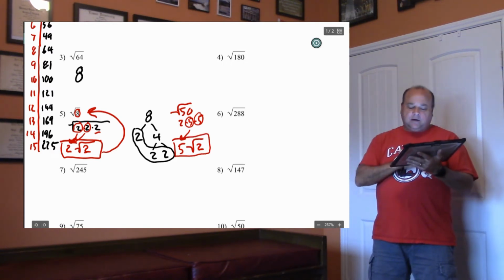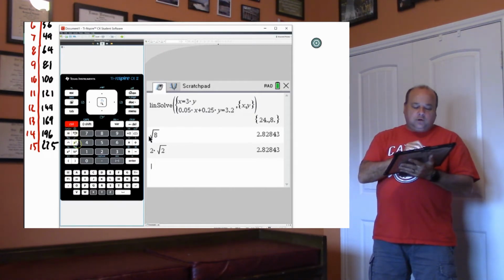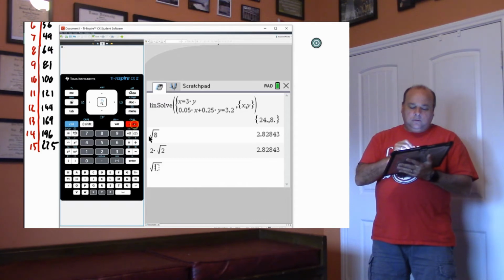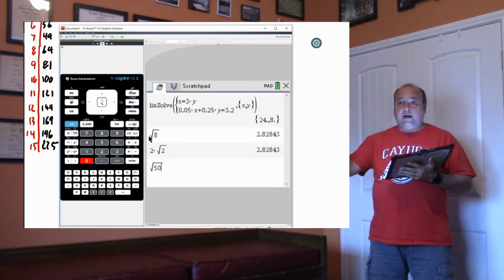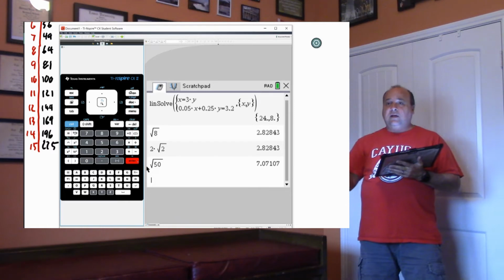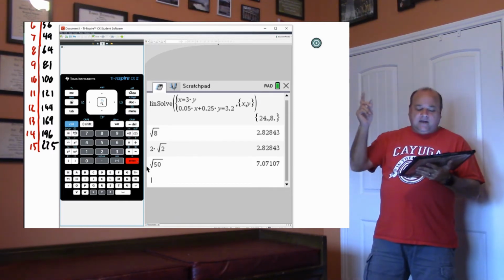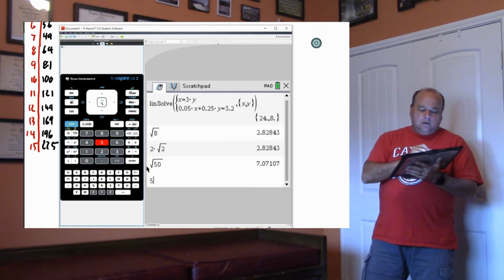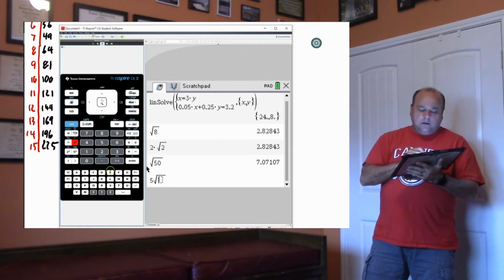Let's put these in the calculator. The square root, Control X squared, 50 should be 7 point something, right? Because the square root of 49 is 7. A little bit more, I'd say 7.1. And 7.07, 7.1, right? Now then, let's do 5 Control X squared 2.